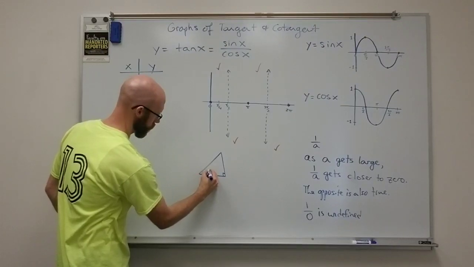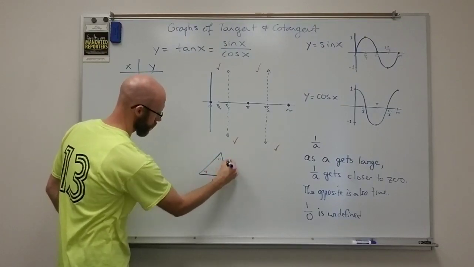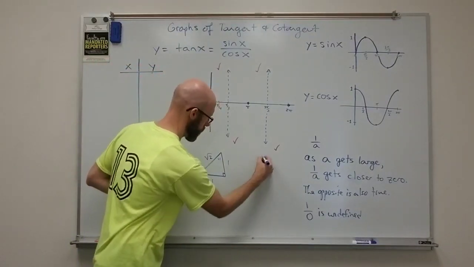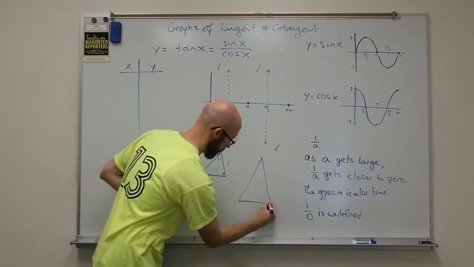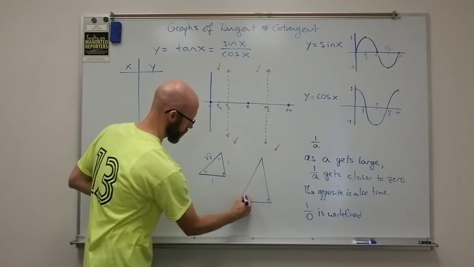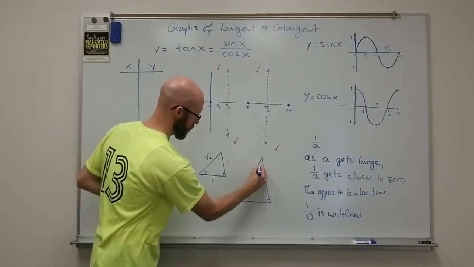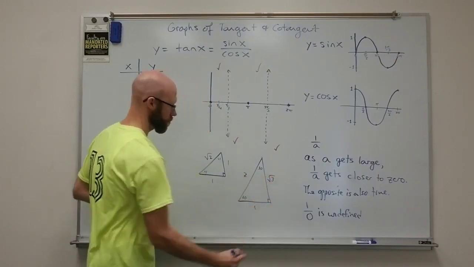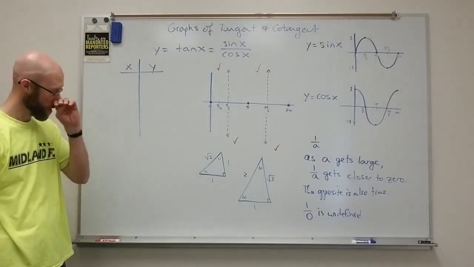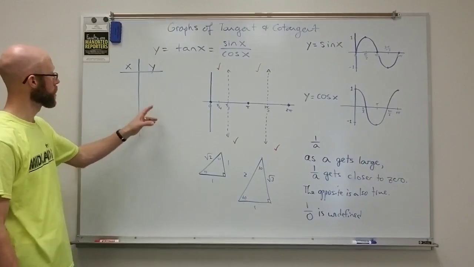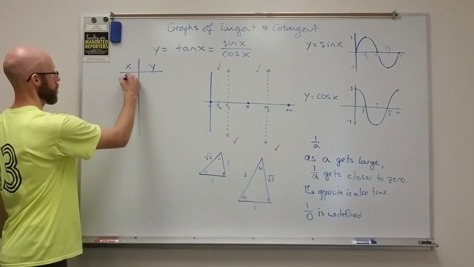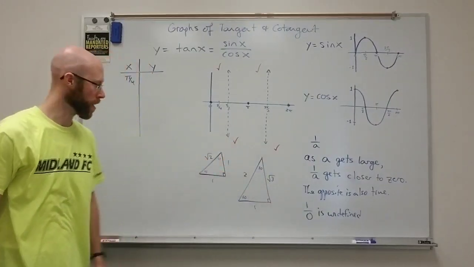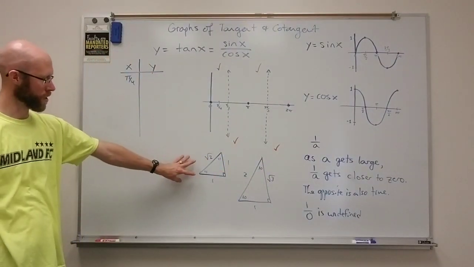So I've got the 45, 45, 90 triangle with 1, 1, and root 2 as the sides, and we've got our 30, 60, 90 triangle with 1, 2, and root 3 as the 3 sides. Okay, so that's going to help me out for just a moment. Let's go with the pi over 4. It may not even use the 30, 60, 90. Either way, let's just focus in here.